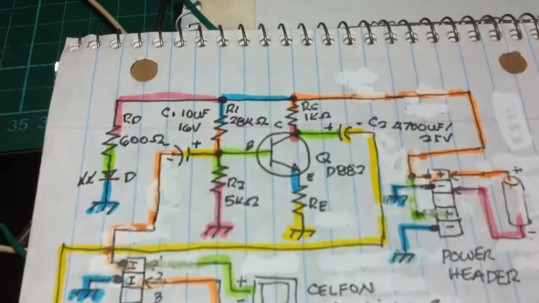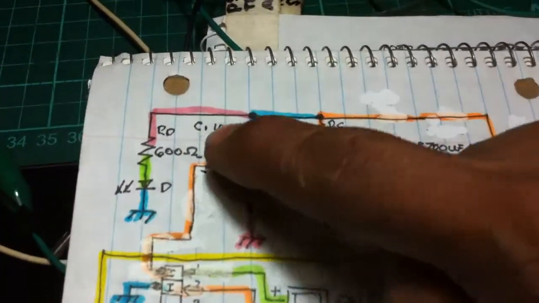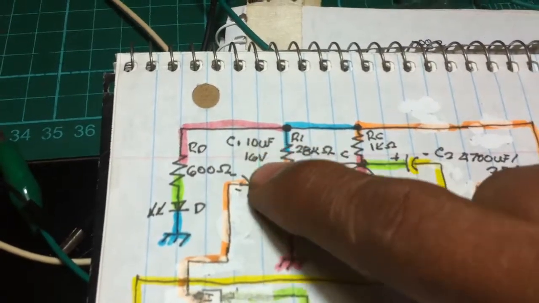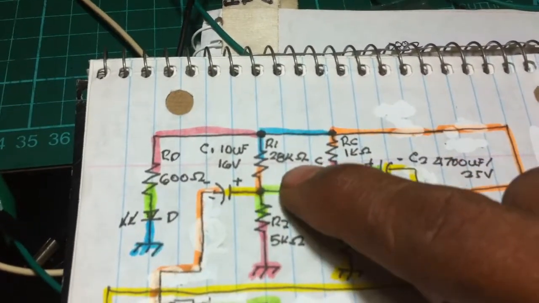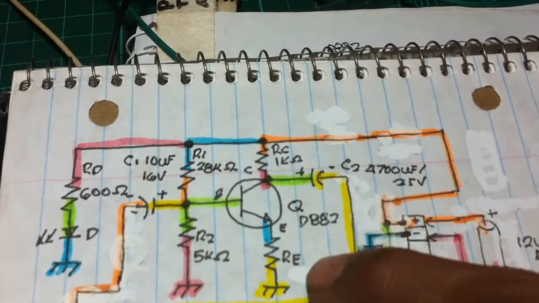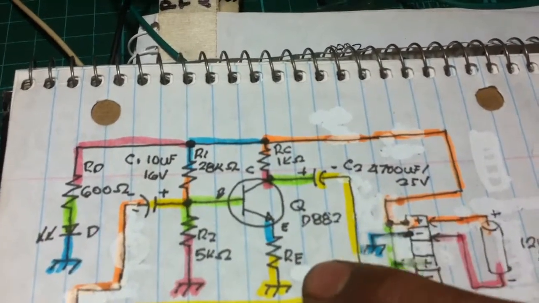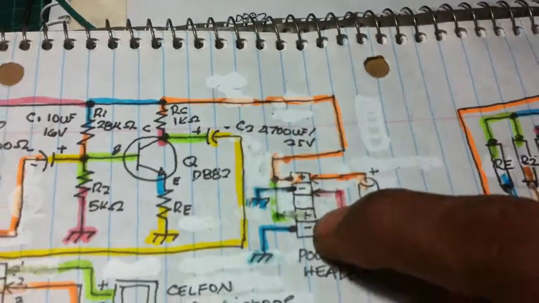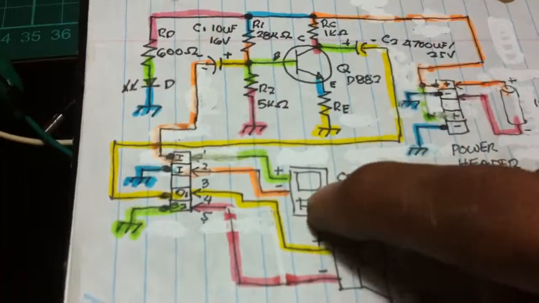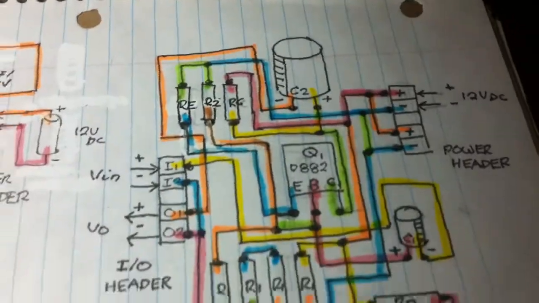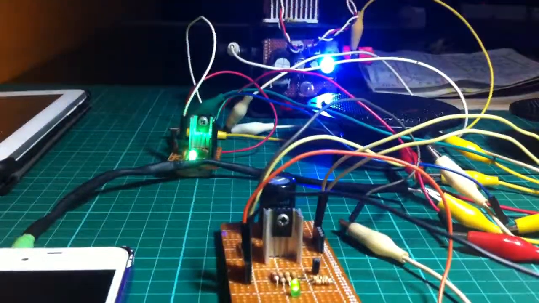And we get now this: the RD limiting resistor 600 ohms, 10 microfarad 16 volts, 28 kilo ohms, 5 kilo ohms, 1 kilo ohms, 220, this is 220, 4700 microfarad 25 volts, the header, the power supply, the cell phone, the output speaker connected to the header, and then the PCB layout. And this is now our final product.